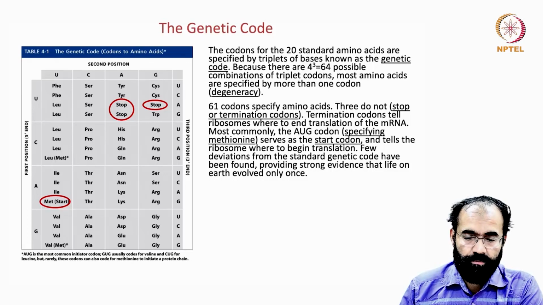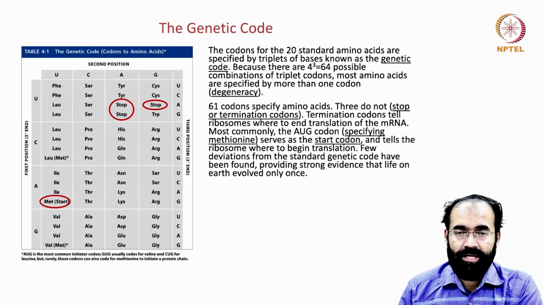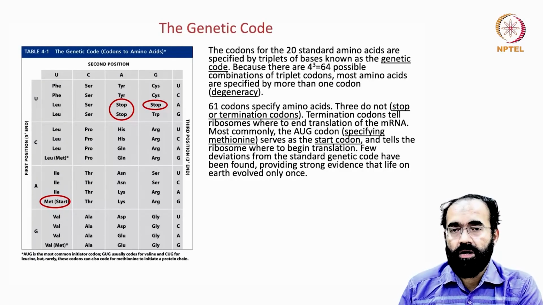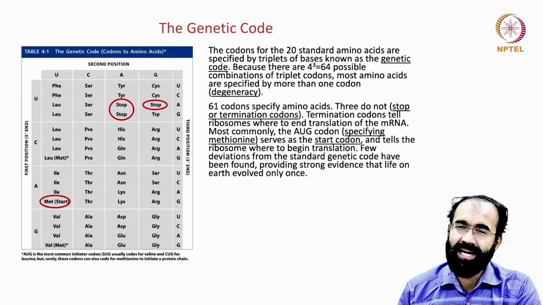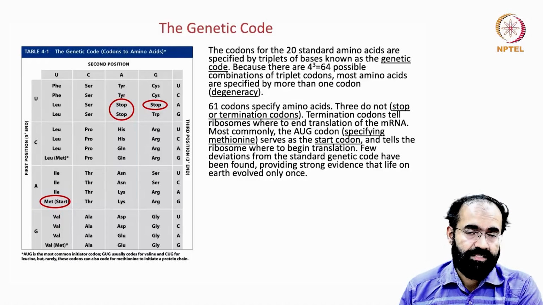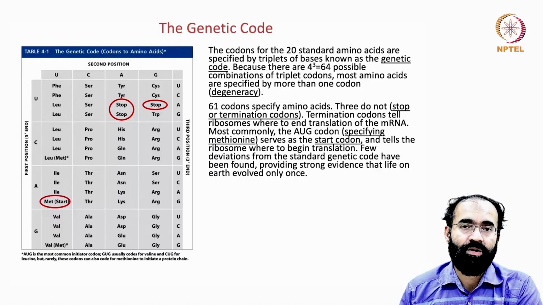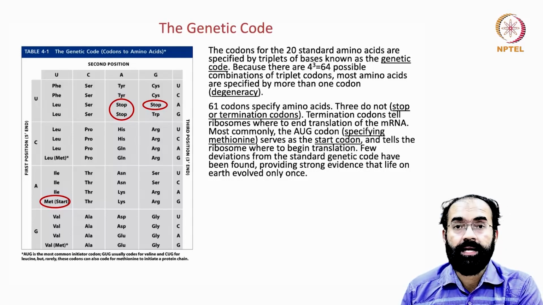Few deviations from the standard genetic code have been found, providing strong evidence that life on Earth evolved only once, because in a lot of organisms, starting from virus, bacteria, fungus, to human, the codons are constant and the same codon brings in the same amino acid. You can never find a given codon bringing in another amino acid.